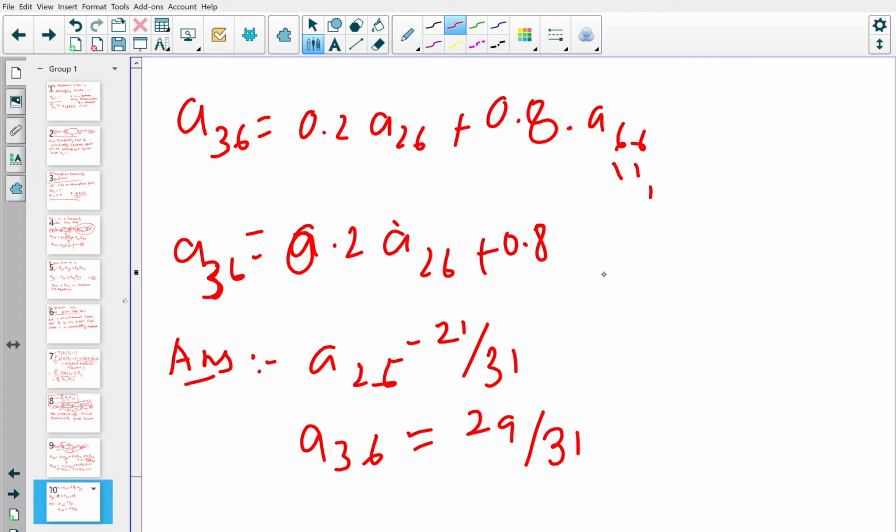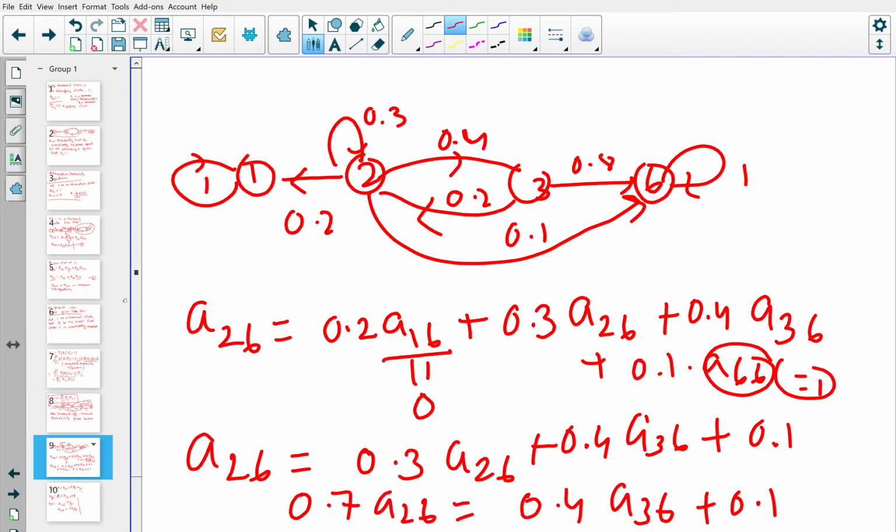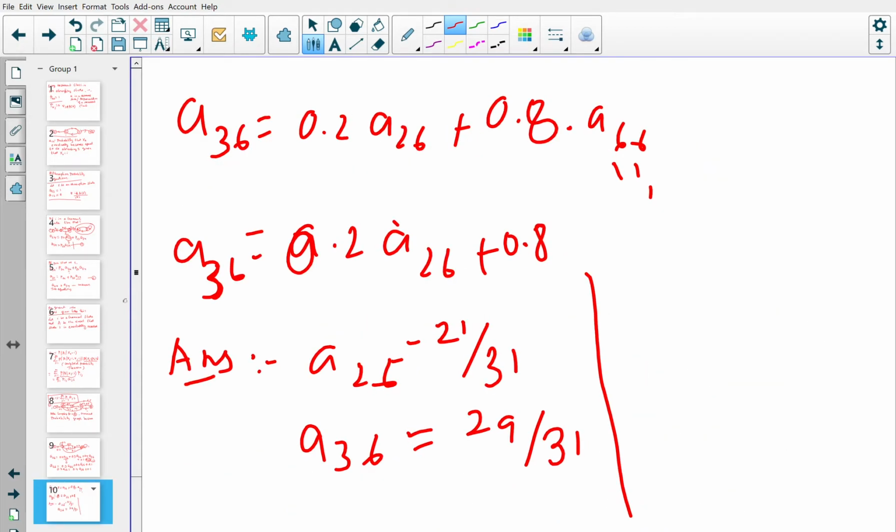Now suppose that from state 2 we are going to 6 finally, eventually, with probability 21 by 31. But from state 2 you can also go to state 1. So there are two options, because there are two possible absorption states.